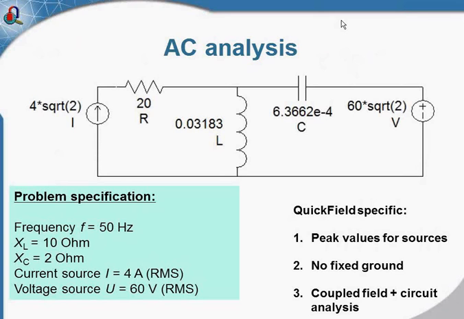And this is the AC analysis of the simple electric circuit containing linear elements and voltage and current sources. There are three passive elements: inductor, capacitor, and the resistor.